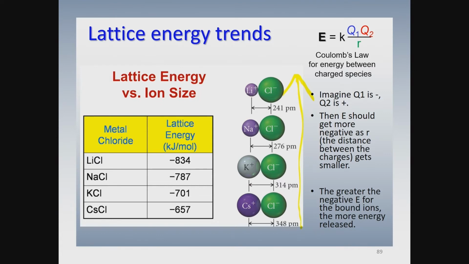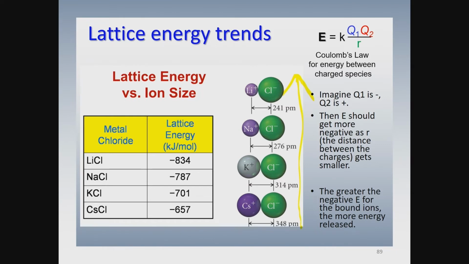Remember I was talking a little bit about Coulomb's law in a previous class. There was one formula I gave for Coulomb's law where we're trying to find the force between ions. Force uses the variable F, and that equation was F equals K times Q1 times Q2 over R squared.